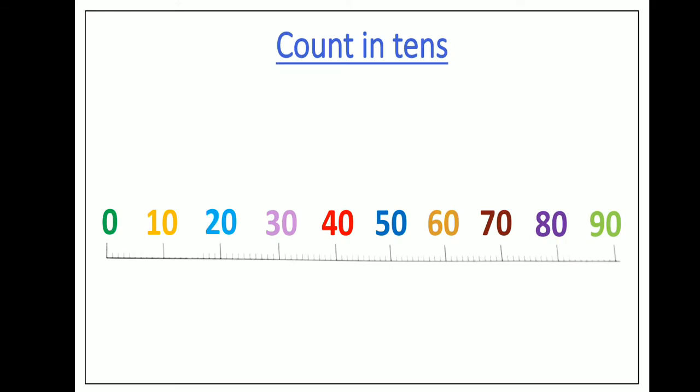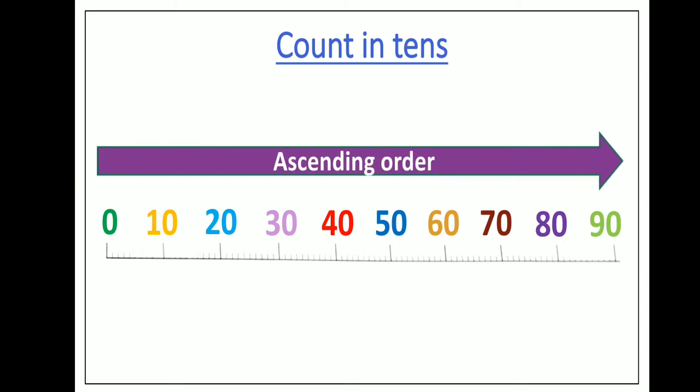Now count in tens. Here you can see ascending order. Here you can see a line which has numbers. Ascending order means when we move forward, like in increasing order.